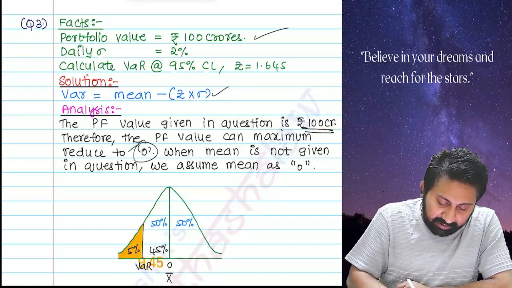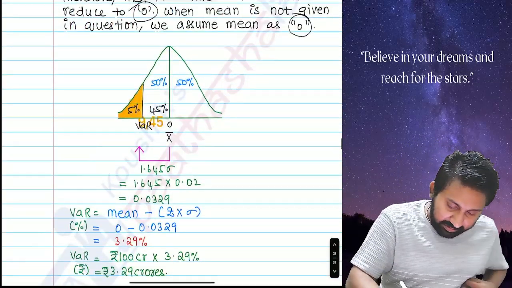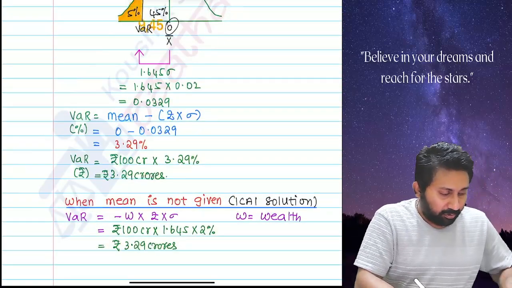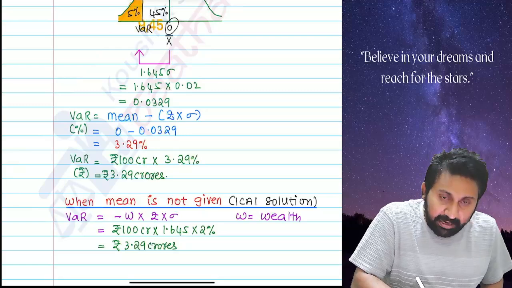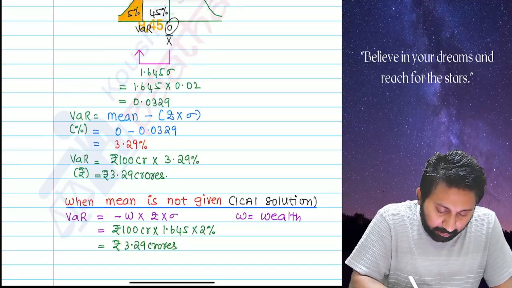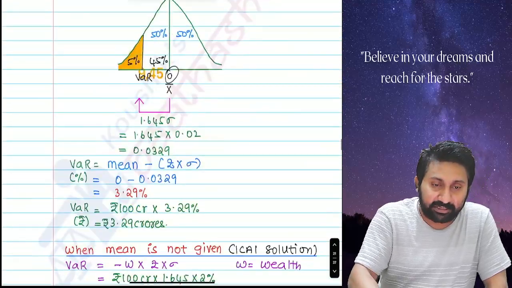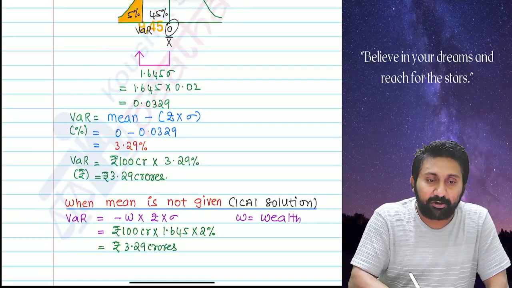When mean is not given in the question, we assume mean as 0. That's why mean is 0. Next. VAR equal to mean minus Z into standard deviation. Mean is always assumed as 0 minus Z value 1.645 into 0.02. It came to 3.29%.